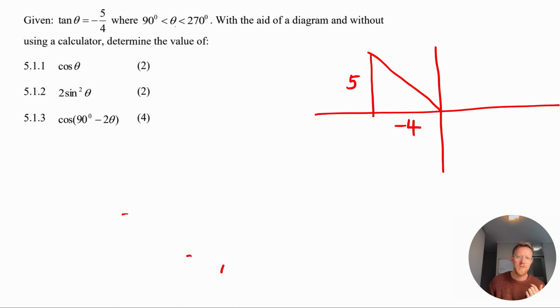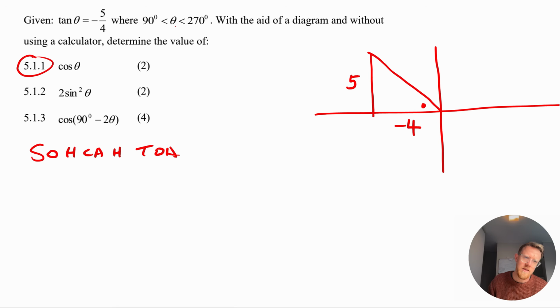Okay, so let's carry on now. The first question says, what is the cos of theta? So you're just going to go into this triangle and get cos. So we know from SOHCAHTOA that cos is adjacent over hypotenuse. So we need the hypotenuse. So you're just going to use Pythagoras.